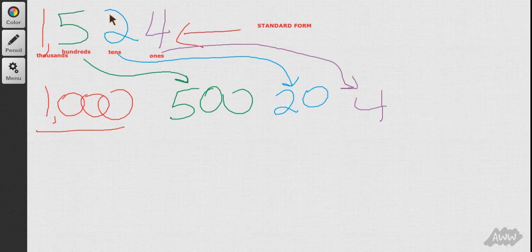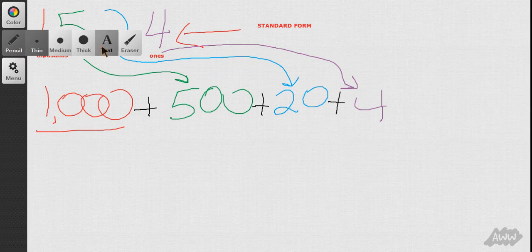What we did was we just broke down that 1,524 into the 1,000 and the 500 and the 20 and the 4. And you're going to look at it and say, well, that's not the and sign, that's the plus sign. And I did that on purpose. As I'm talking about combining these numbers, we also can use the plus sign.